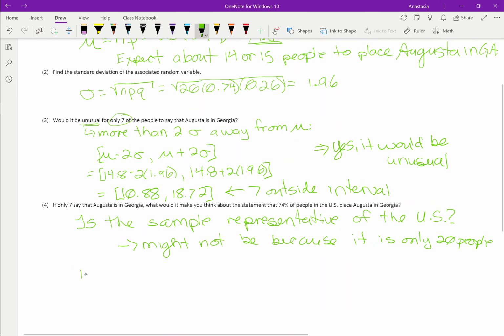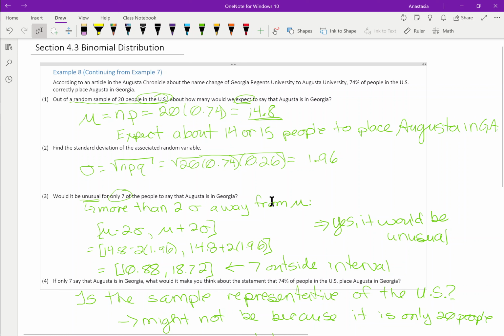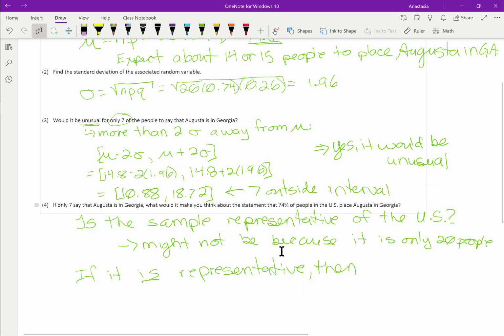So if it is representative, then that means we need to conclude something about this statement in the U.S. Now, if our sample is representative, so that 7 people placing Augusta in Georgia is reasonable, then since it is unusual in comparison to this amount of information, that must mean that this information from the article might not be correct.